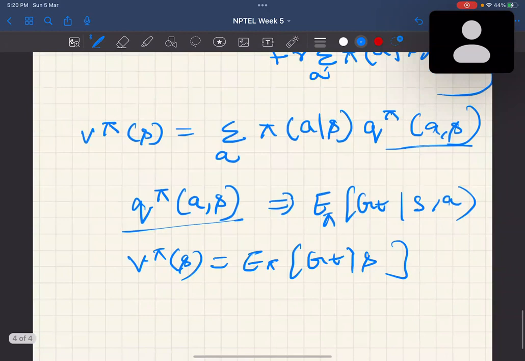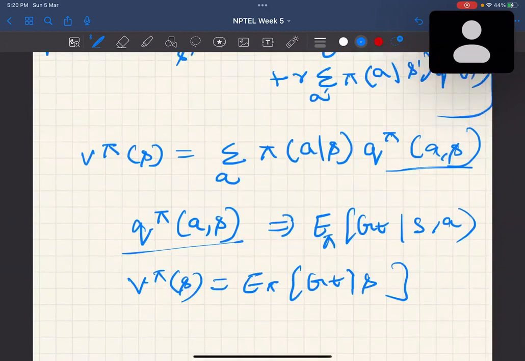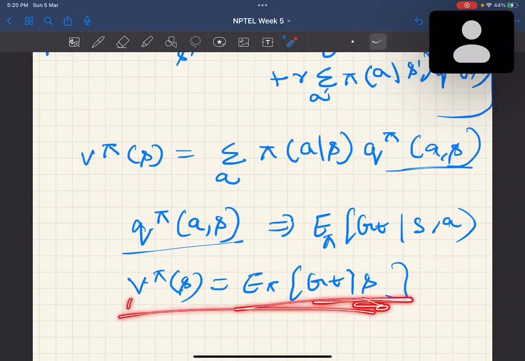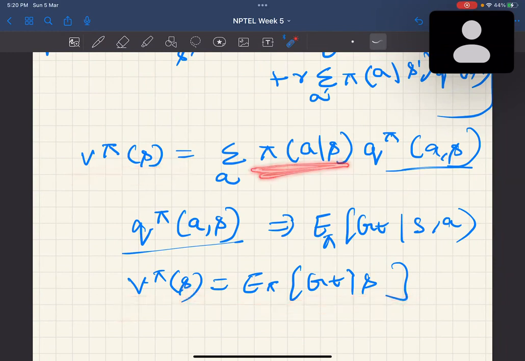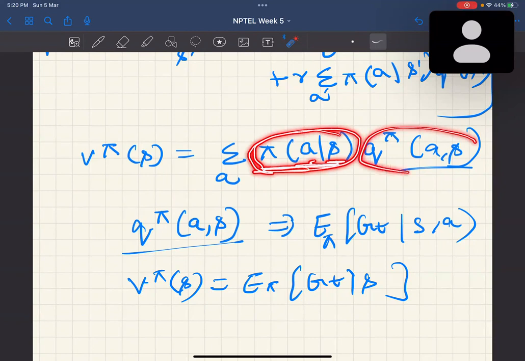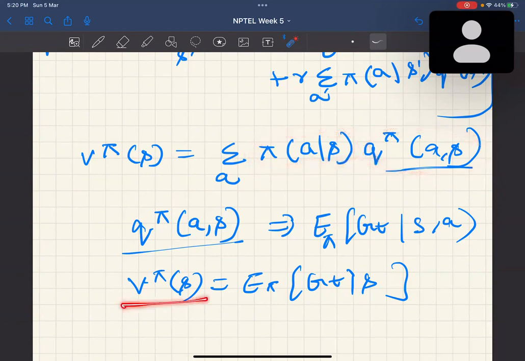So in V pi, only S is given to us. If we multiply with this, if A is also given to us, then we can say this equation. This is what this equation says: if we get to know the policy pi of A given S and multiply it with Q pi of S, A, then we get V pi of S.